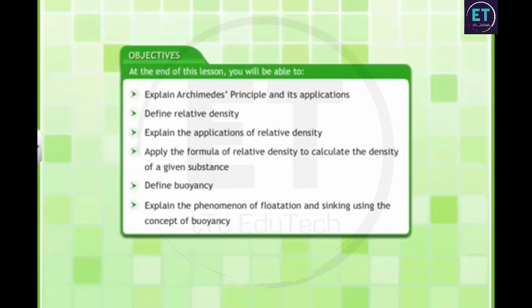At the end of this lesson, you will be able to explain Archimedes' Principle and its applications, to find relative density, explain the applications of relative density, apply the formula of relative density to calculate the density of a given substance, define buoyancy, and explain the phenomenon of flotation and sinking using the concept of buoyancy.